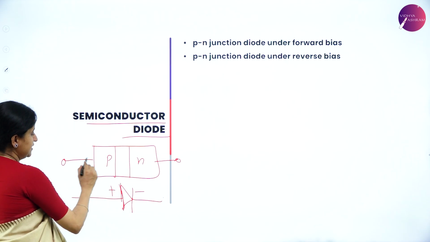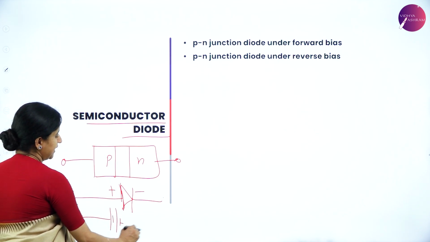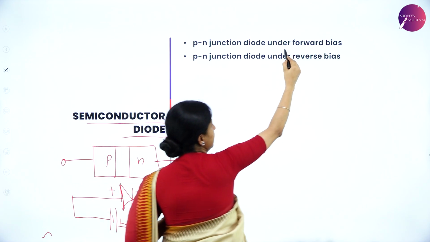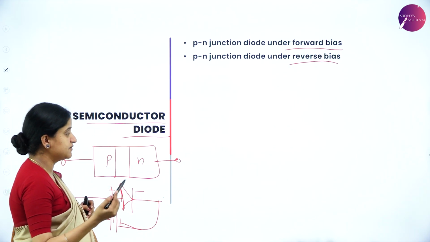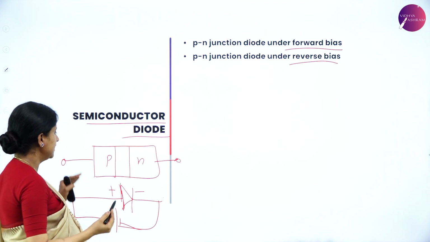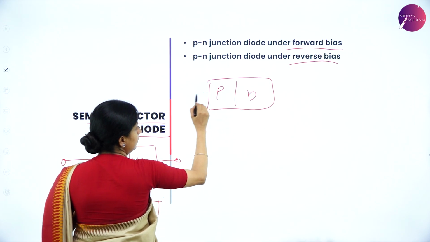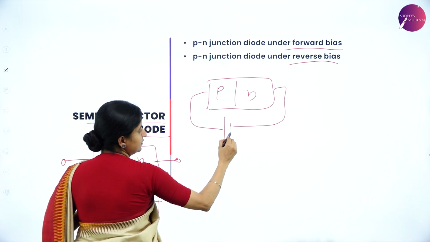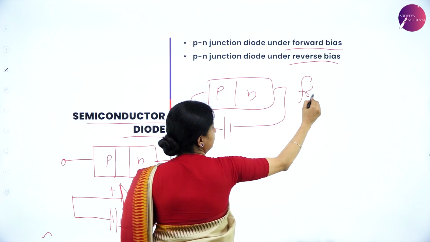When this p-n junction is connected to a battery externally, it is said to be biased. There are two types of biasing, as I said: forward biasing and reverse biasing. What is the basic difference between them? When the p side of the material is connected to the positive terminal of the battery and the n side is connected to the negative terminal of the battery, it is said to be forward biased.